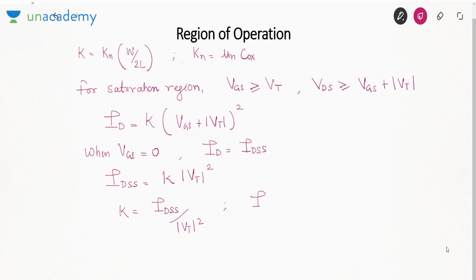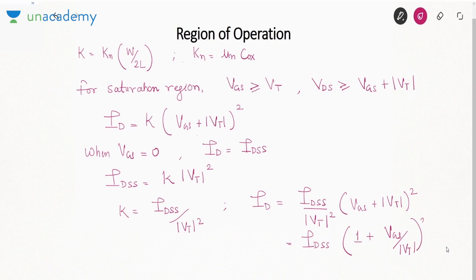In that manner, you can write the drain current as IDSS by mod VT square into (VGS plus mod VT) whole square. If you take mod VT square inside, it will be IDSS into (1 plus VGS by mod VT) whole square. Or you can also write it like this, since VT is negative, mod of VT will be minus VT.